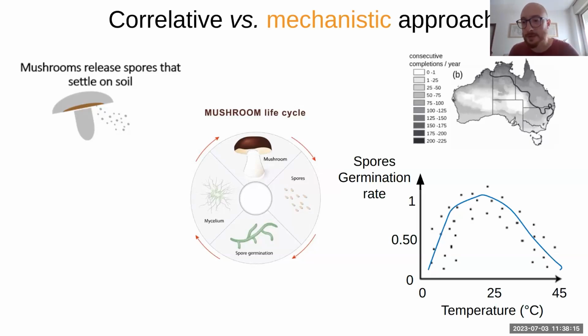This is just an example. And the nice thing is that we can map these outputs, and we have a really clear causal link between the biology of the species and the environmental conditions.